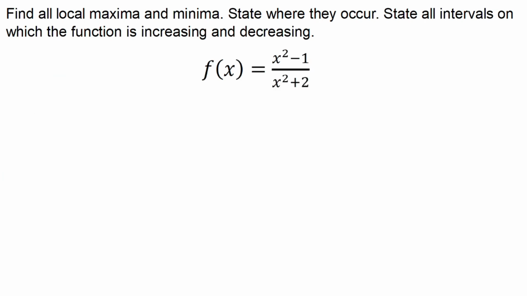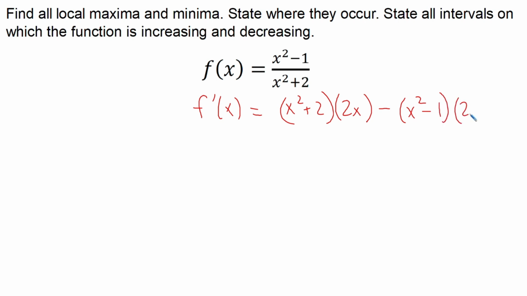All right, for number 5 here, we're looking at x squared minus 1 over x squared plus 2. This is again going to be a quotient rule problem. So we'll take our derivative, f prime of x is v, denominator, times du, 2x, minus u, our numerator, times derivative of v, which is also 2x, all over x squared plus 2 squared.